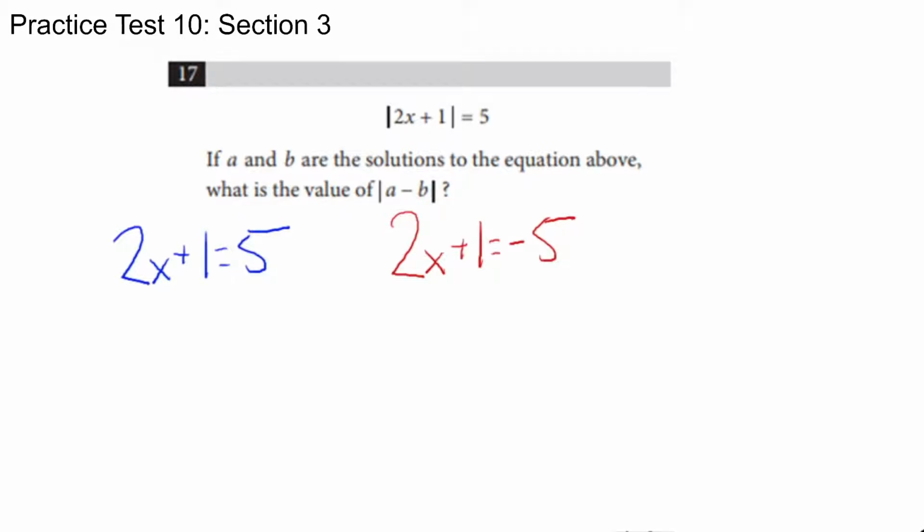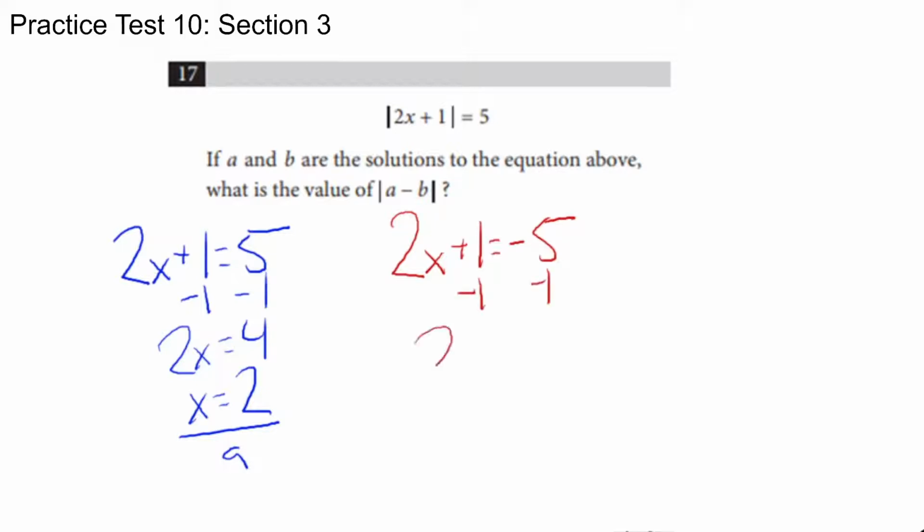Now I'm just going to solve both equations. So if I subtract 1, I'll get 2x is equal to 4, or x is equal to 2. And I'll say that this is my A value. Over here, I'm going to subtract 1, I get 2x is equal to negative 6, x is equal to negative 3.